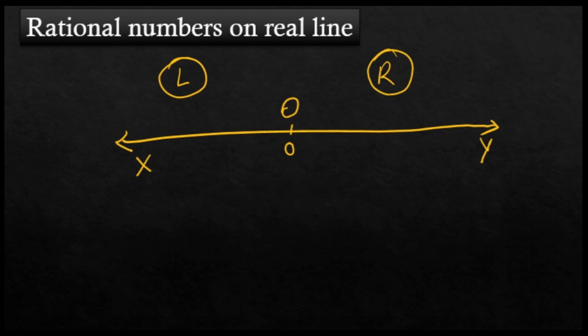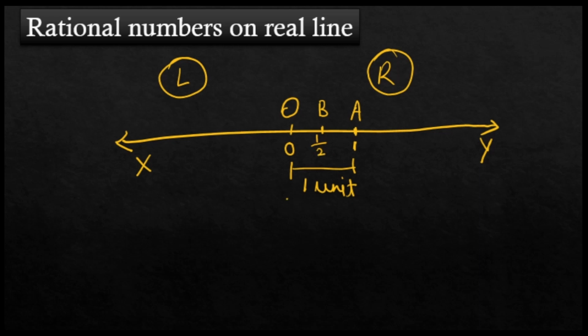Taking a fixed length called unit length, mark a point and name it as A. The distance from O to A is 1 unit. Now mark off the midpoint on this distance and name it as B. If this is 1, then it will be 1 by 2.